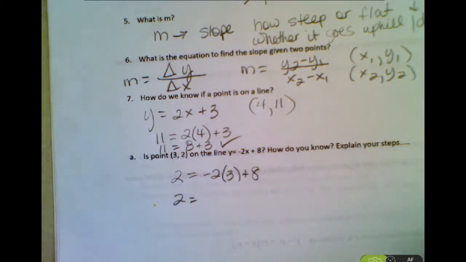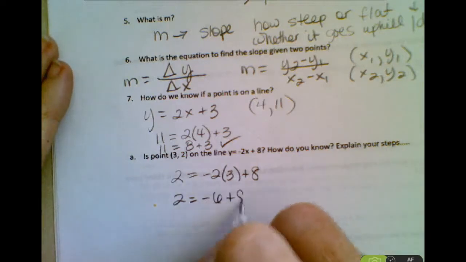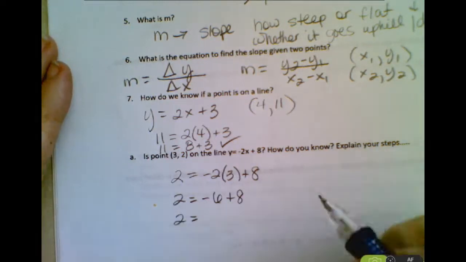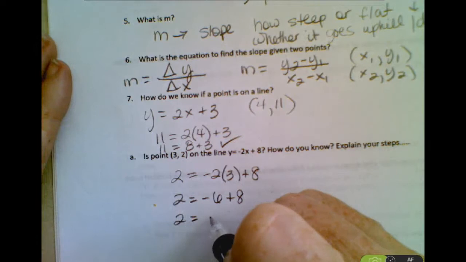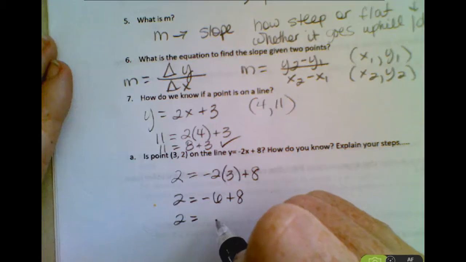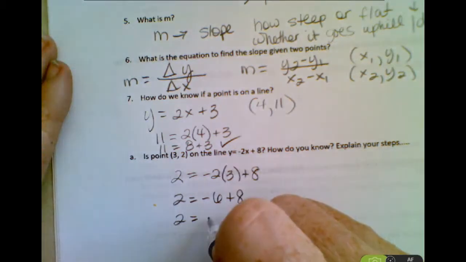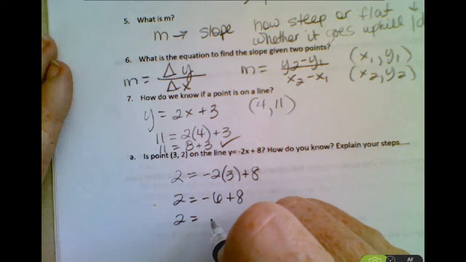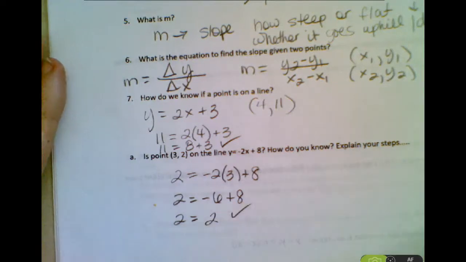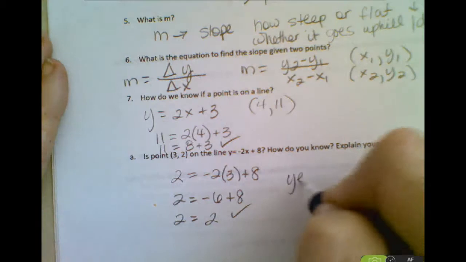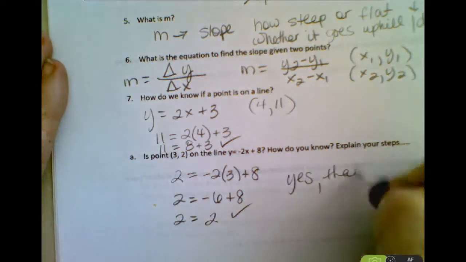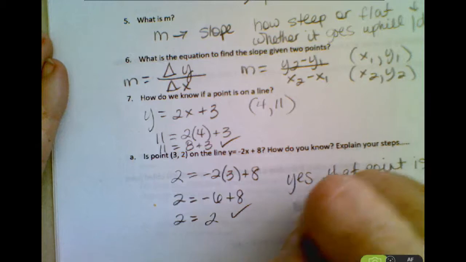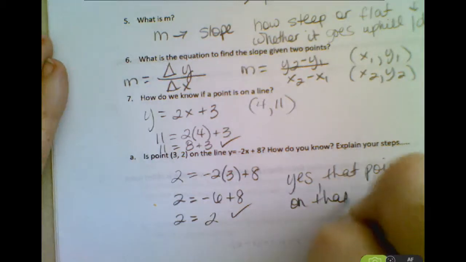What is negative 2 times 3? Negative 6 plus 8. What's negative 6 plus 8, or 8 minus 6? Marquez, what's 8 minus 6? 2. So 2 equals 2, always and forever. So yes, that is a point on that line.